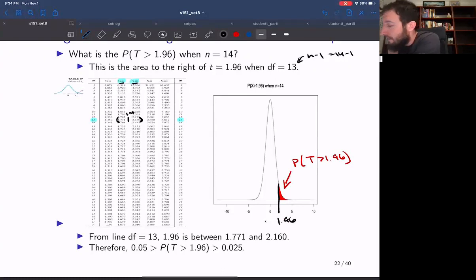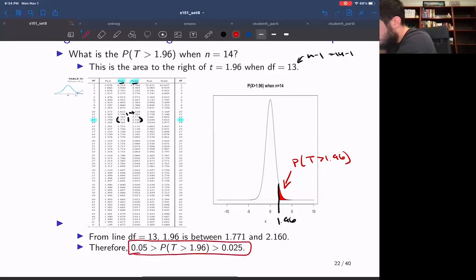What we are showing is that this red shaded part is going to be between 0.05 and 0.025 because we can't round to the closest value. Since 1.96 is between 1.771 and 2.160, our area of interest is between 0.05 and 0.025. Okay, so in conclusion, we would write the probability that t is bigger than 1.96 is between 0.025 and 0.05.